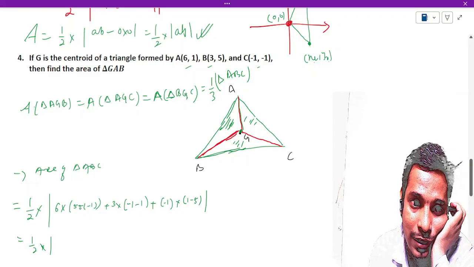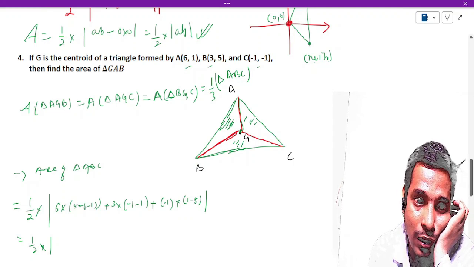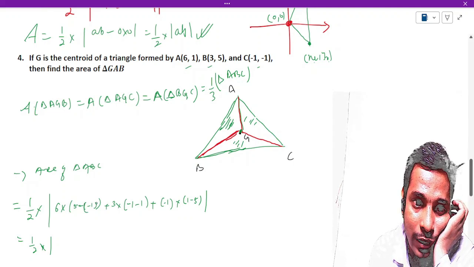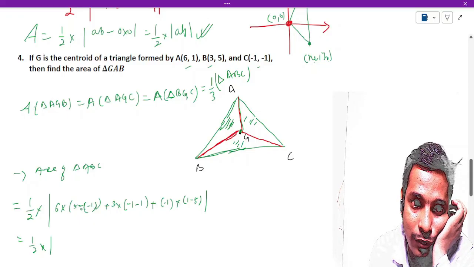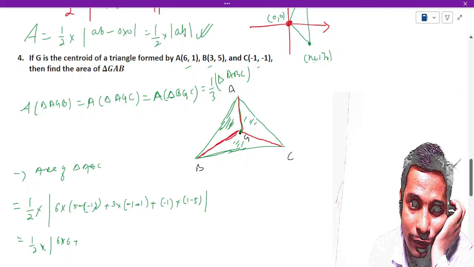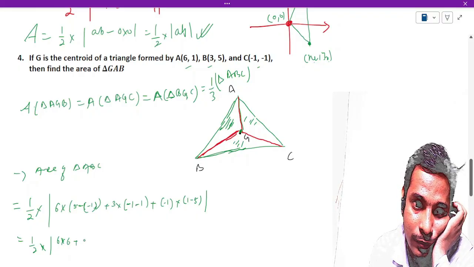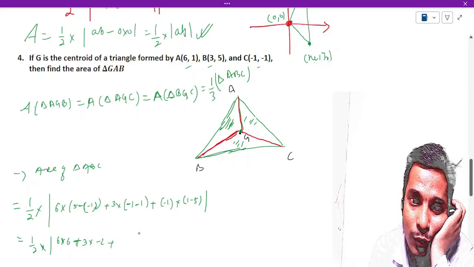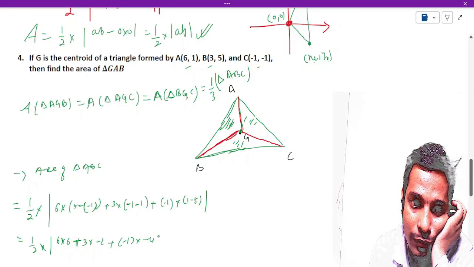So we just have to simplify this: 1 by 2 times the absolute value of 6 times, if we simplify this, minus of minus 1 is plus, so 5 plus 1 is 6. So this is 6, plus here 3 into minus 2, and then plus over here, minus 1 multiplied by minus 4.